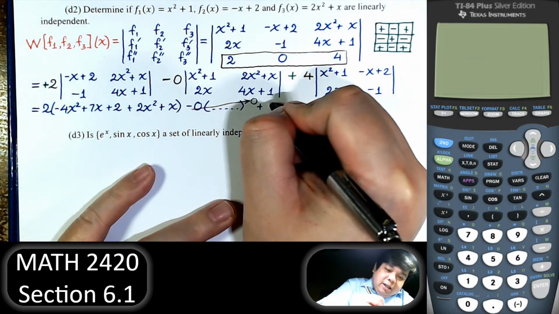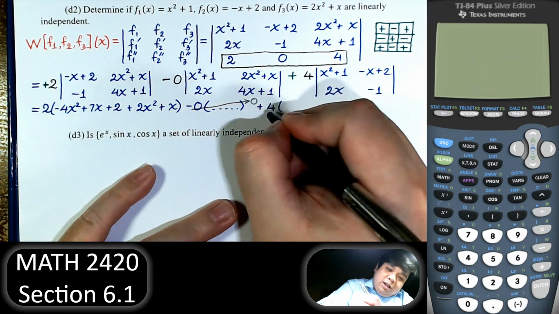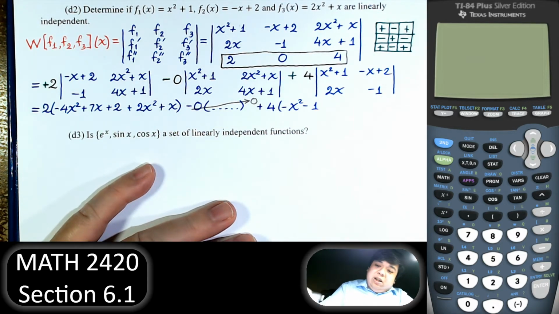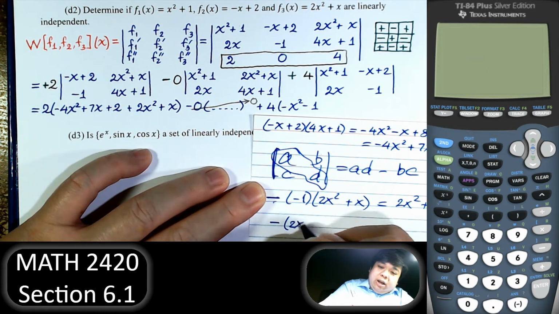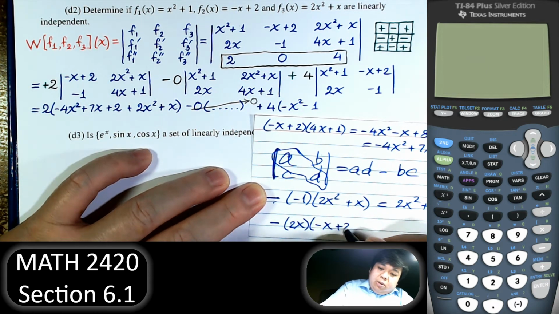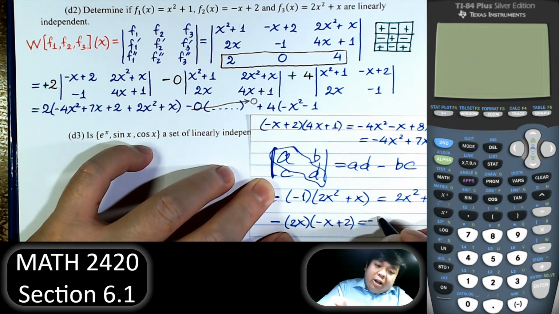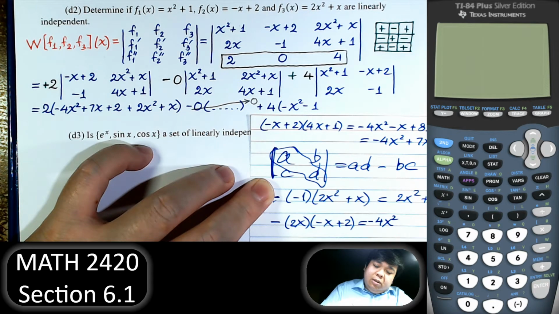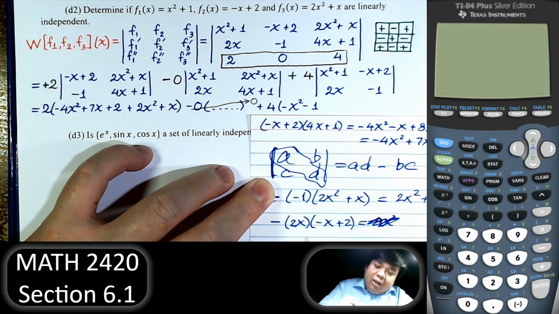Next, there's 4. x squared plus 1 times negative 1 gives negative x squared, negative 1. And then the other direction is opposite, so we have negative 2x and negative x plus 2. Sorry, that gives us negative 2x squared. Never mind.